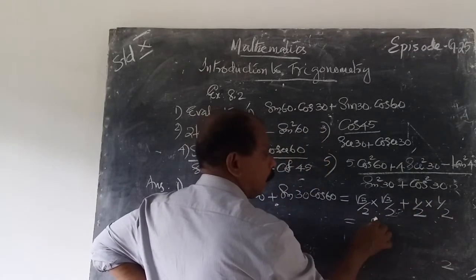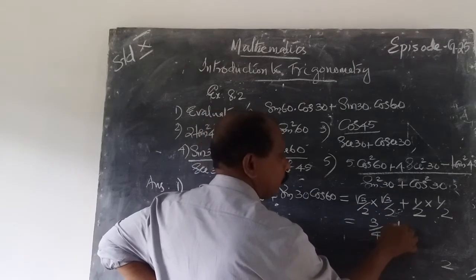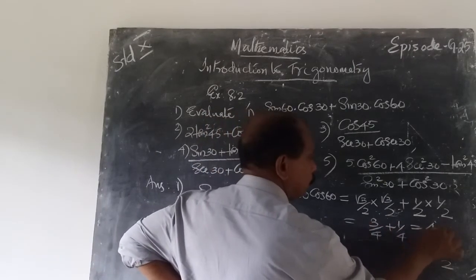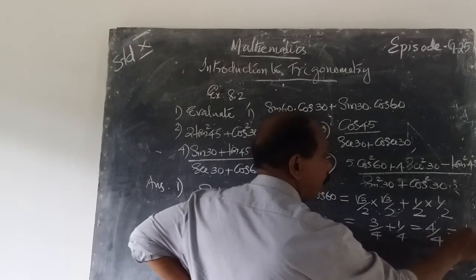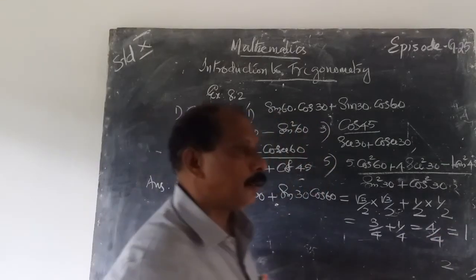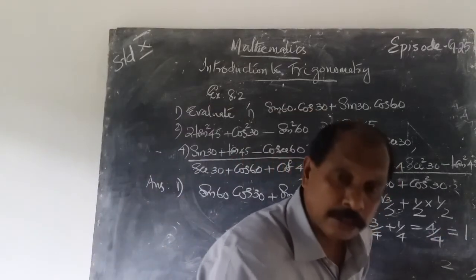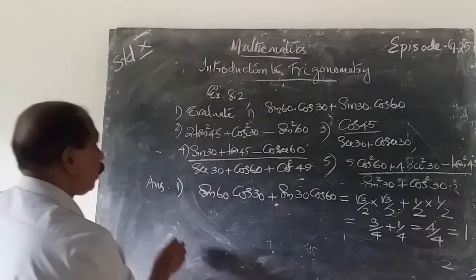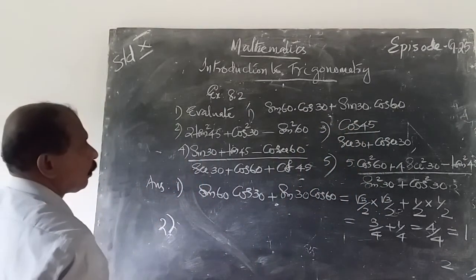That's root 3 into root 3, 3 by 4 plus 1 by 4 is equal to 4 by 4 is equal to 1. That is the value of the first question. Then question number 2. What is it?